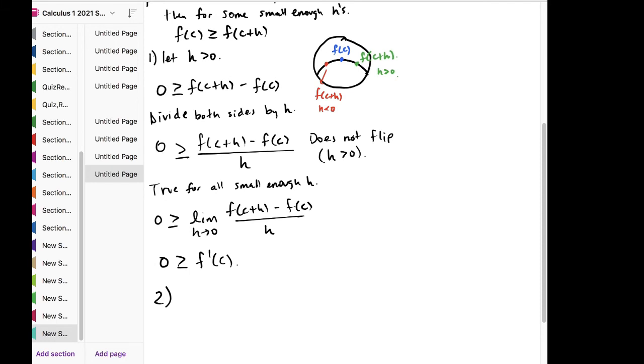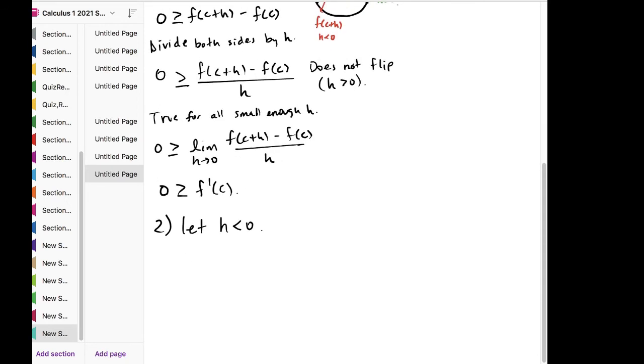So in the picture, what haven't we discussed yet? We haven't looked at the negative h's, right? So now, when you have 0 greater than or equal to f of c plus h minus f of c, what happens when you divide by h?